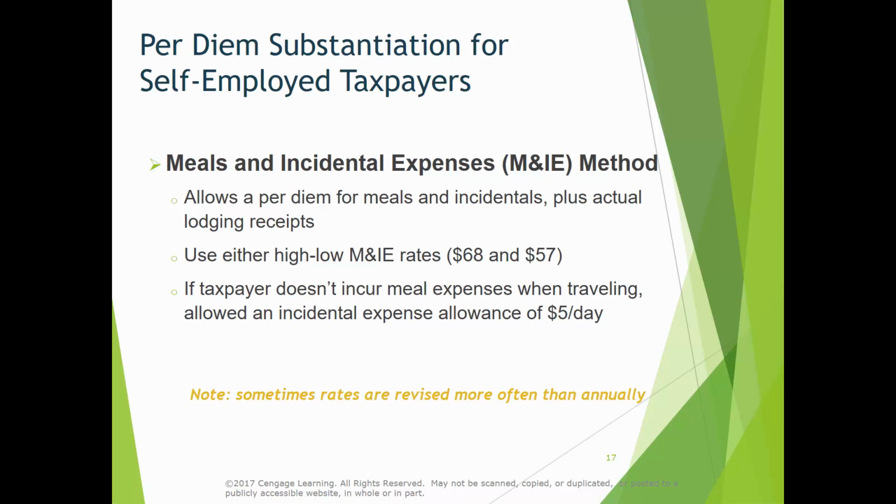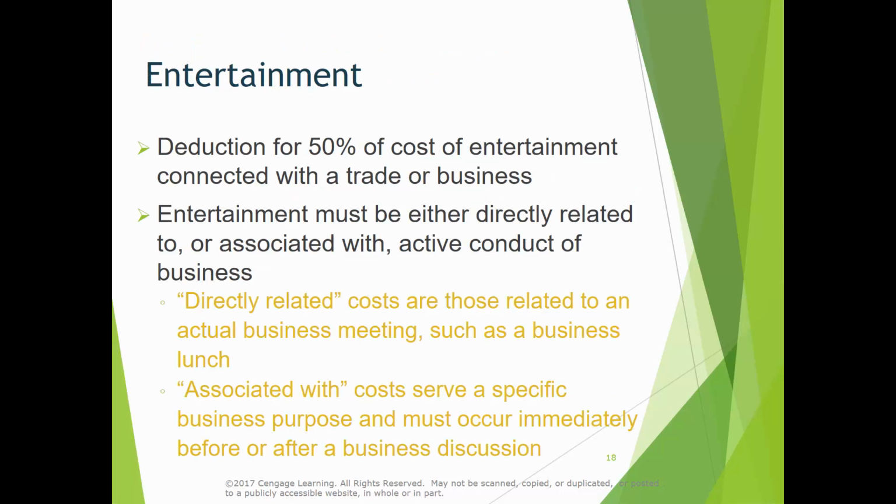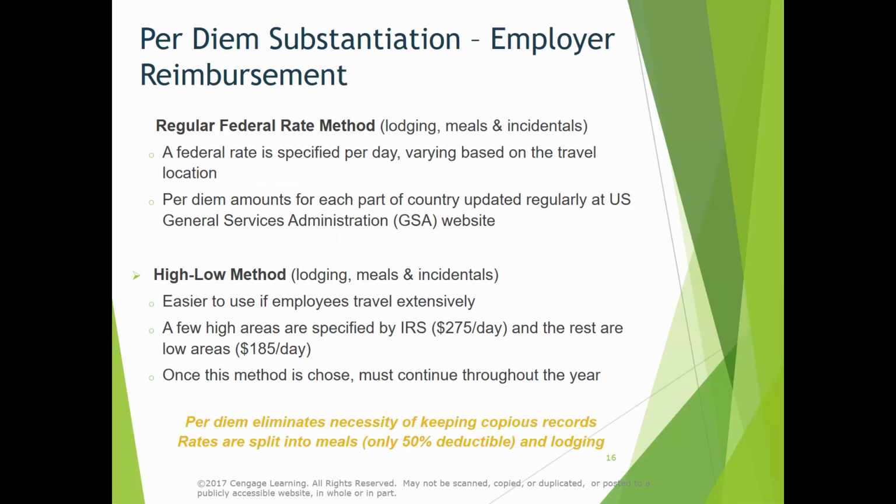Okay? So the other two methods are only if you're an employee: the regular federal rate method or the high-low method. With the regular federal rate method, everybody gets the same rate no matter where you are. The high-low method breaks the regular federal rate method, which is split into little tiny micro pieces of travel.